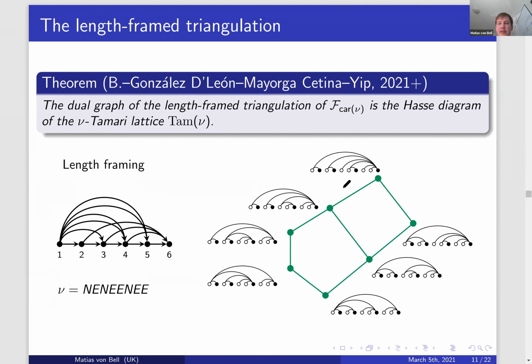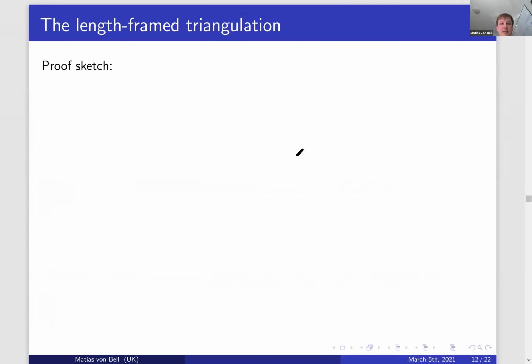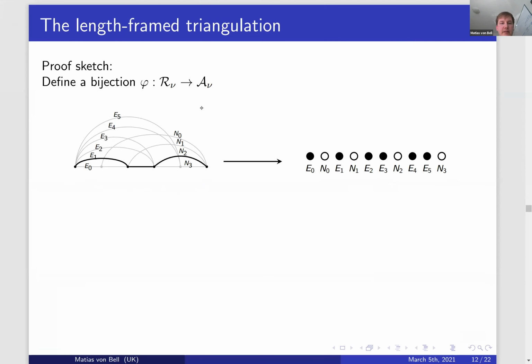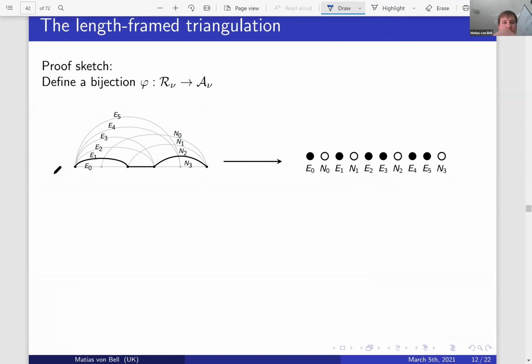I did want to give you an idea of what the proof of this looks like. The sketch is as follows. We define a bijection from all the routes in this nu-caracol graph to the set of possible arcs in the set ij. The bijection is given by this following labeling of the edges leaving the source and the edges coming into the sink.